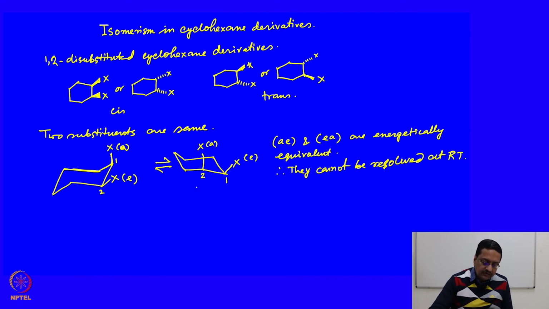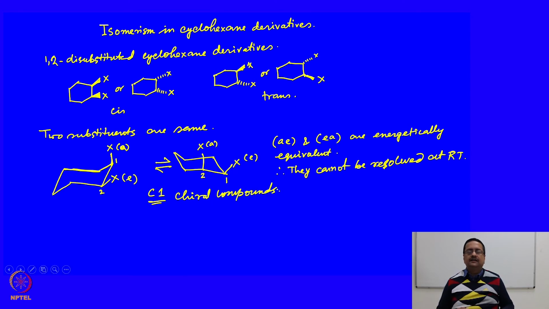Although they belong to the point group C1, they are chiral compounds, but since the flipping energy barrier is achievable at room temperature, both the conformations are possible at room temperature, therefore they are non-resolvable enantiomers.